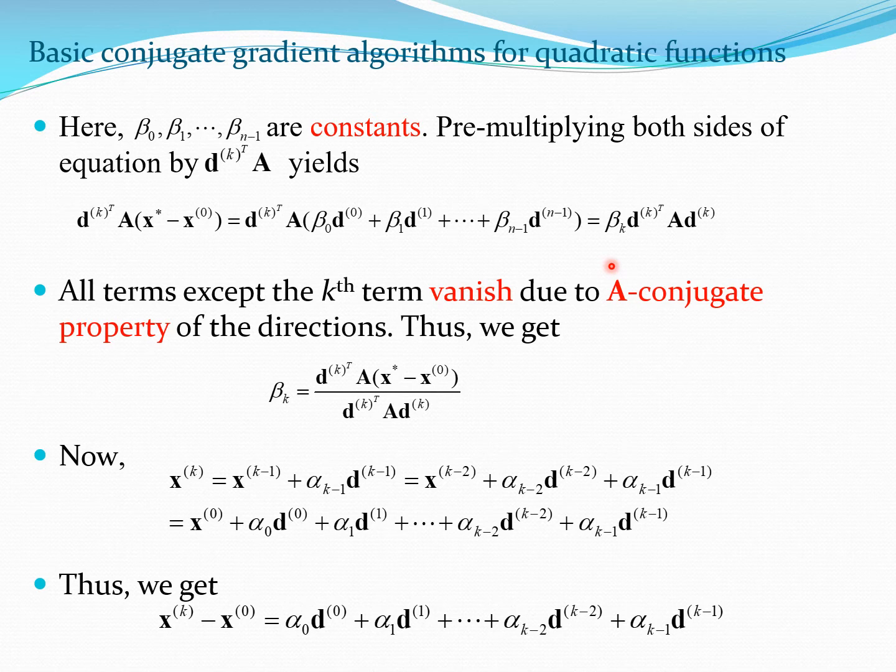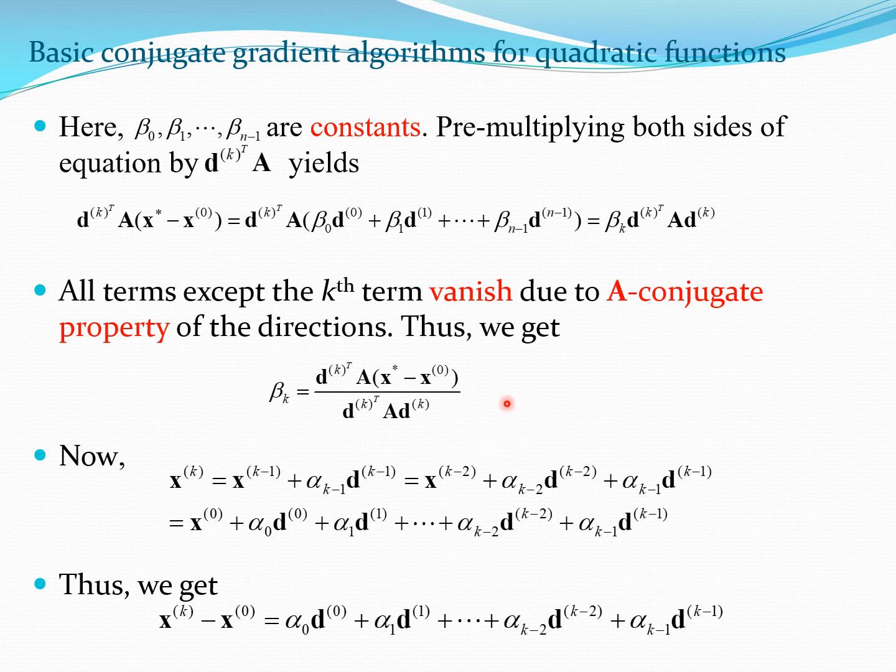Finally you get the term beta k dk transpose A dk. This is the only term which is going to survive, and therefore I can get an expression for these beta values, which is given here. Beta k is dk transpose A times x star minus x0, divided by dk transpose A dk.